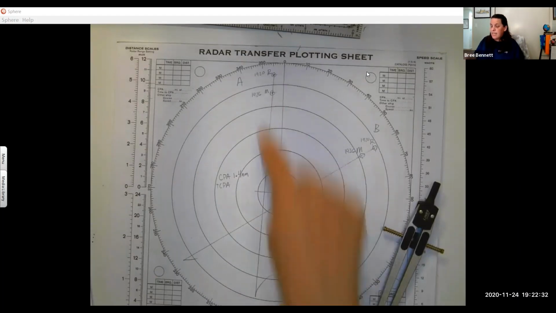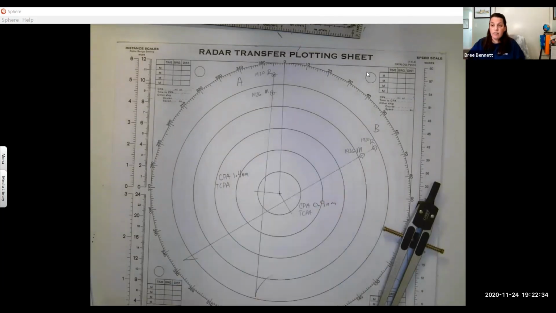So now I want to figure out the time of CPA. So again, that's very much related to the speed of relative motion and how quickly this is going to happen.